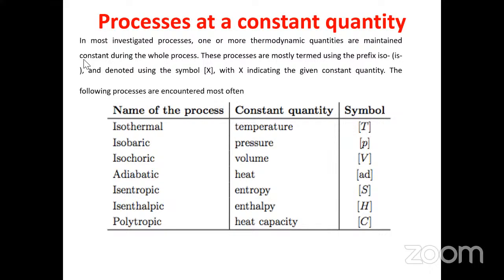The symbol is capital S. If it is taking place at constant enthalpy, the symbol is capital H. If it is at constant heat capacity, you call it polytropic, and the symbol is capital C.